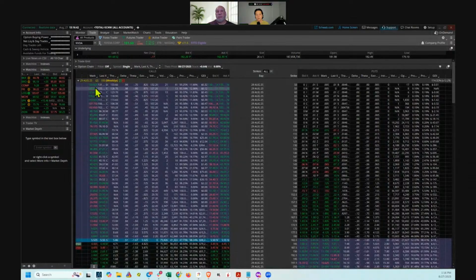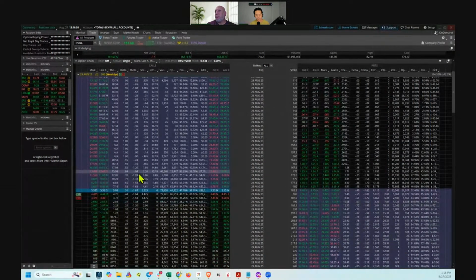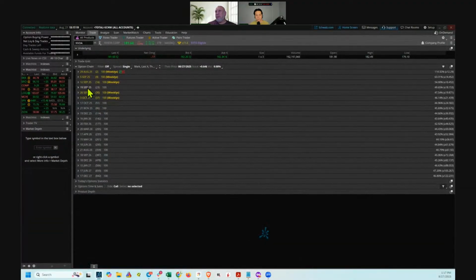So what did we start out saying? I want to buy the cheap option and I want to sell the expensive one. So what does that mean in this context? If I determine if it's expensive or cheap based on the extrinsic value per day, then this one was really expensive at $2.75, and this one was only 35 cents.